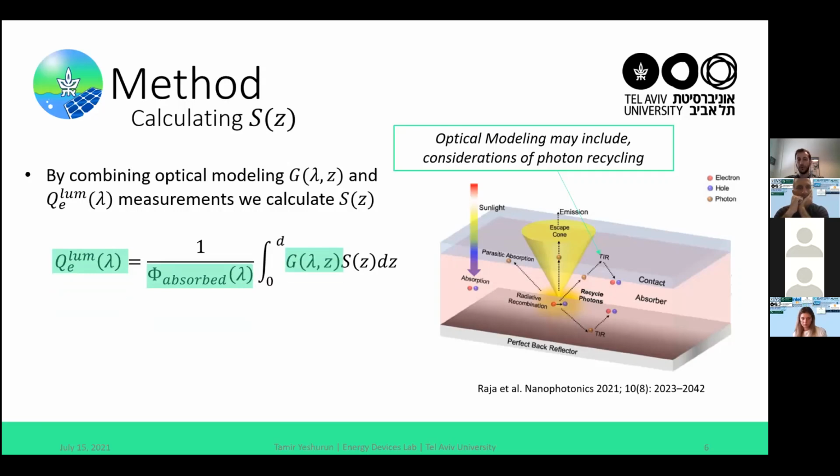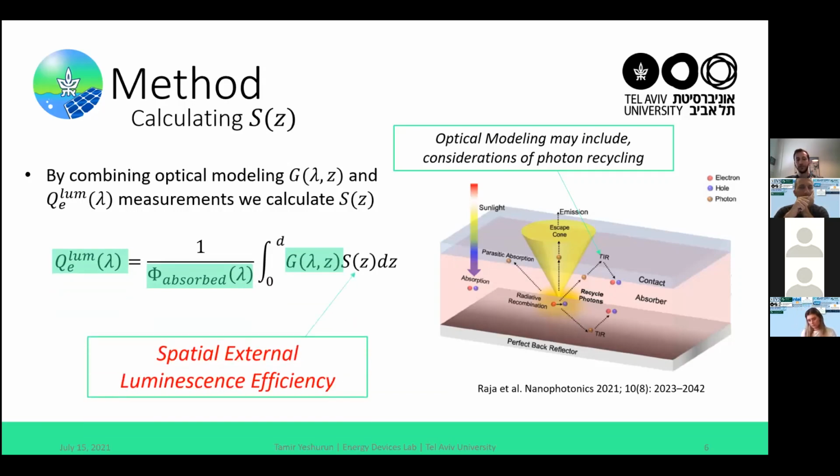And so when we have this, all we have left is to extract this so-called probability. And so we call this the spatial external luminescence efficiency, because it gives us spatial information on what is affecting this external luminescence efficiency.